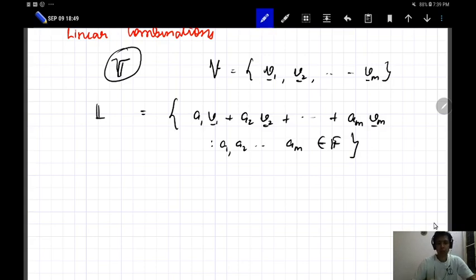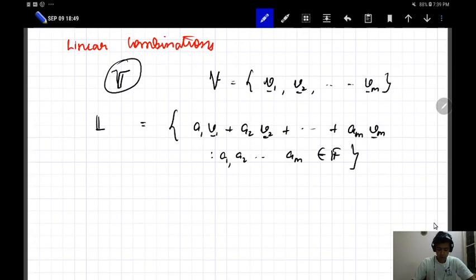I claim that this is a vector subspace. So clearly this is a subset of the vector space V. I claim that this is actually a subspace of V, and I leave it to you as an exercise to check that this is indeed the case. And how would you test whether L is a subspace or not? You can just test for property P star, right?